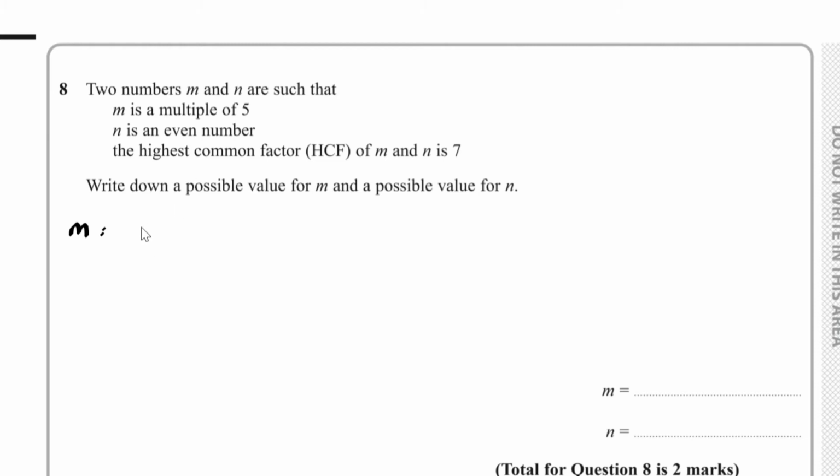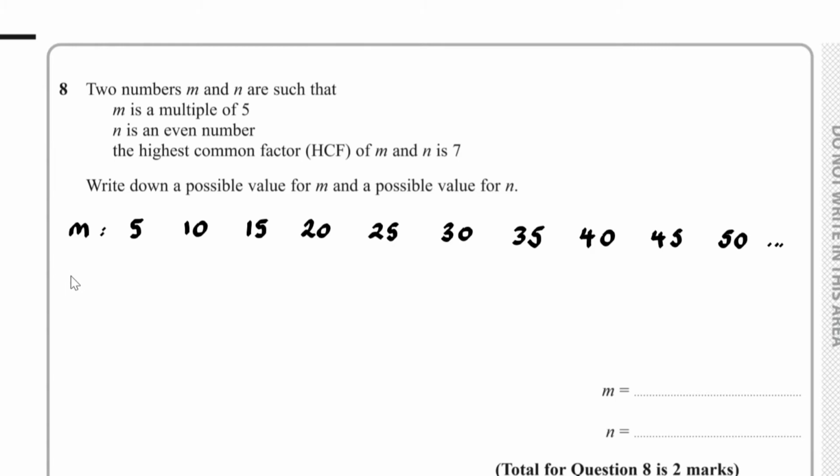We've got multiples of 5, so we've got 5, 10, 15, 20, 25, 30, then we've got 35, 40, 45, and then 50. And we could continue on.